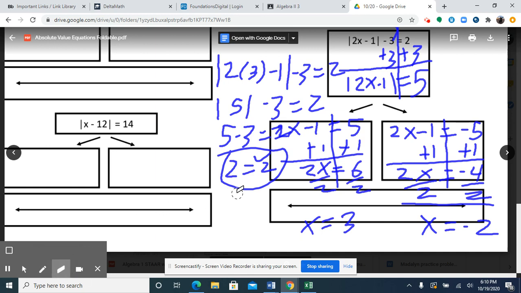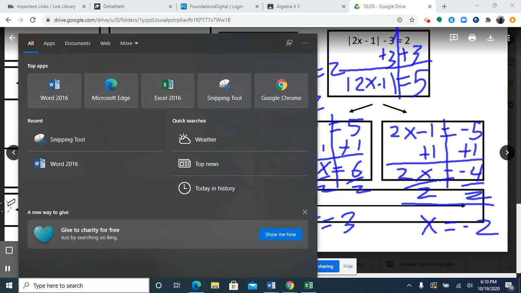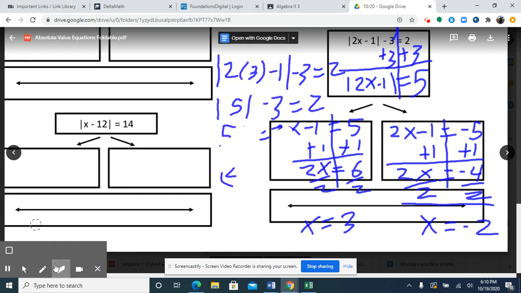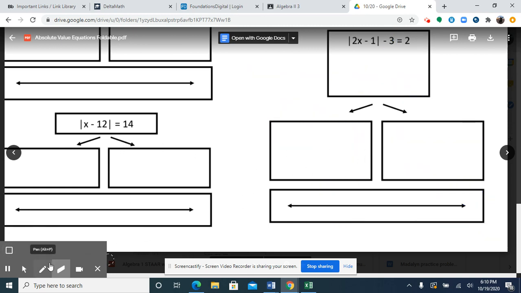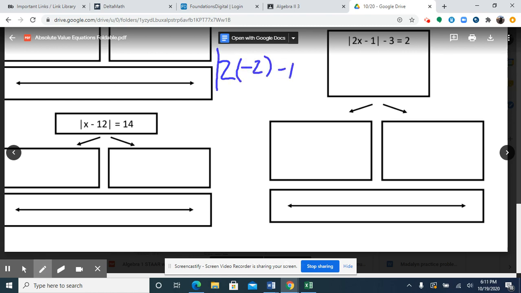So let's try again with our other solution. So 2x, or 2 times negative 2, minus 1, minus 3 should equal 2.